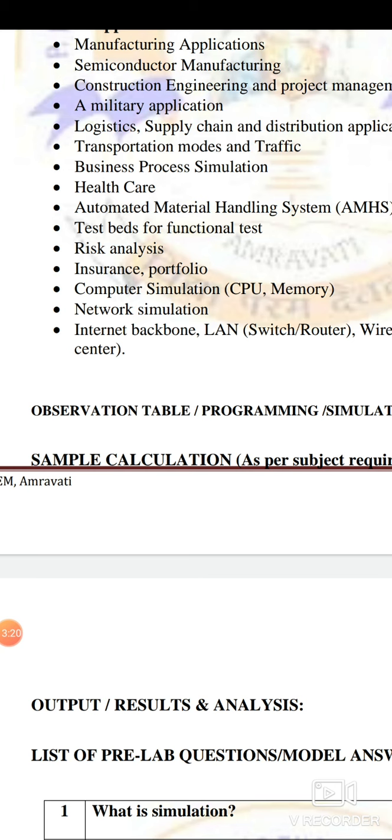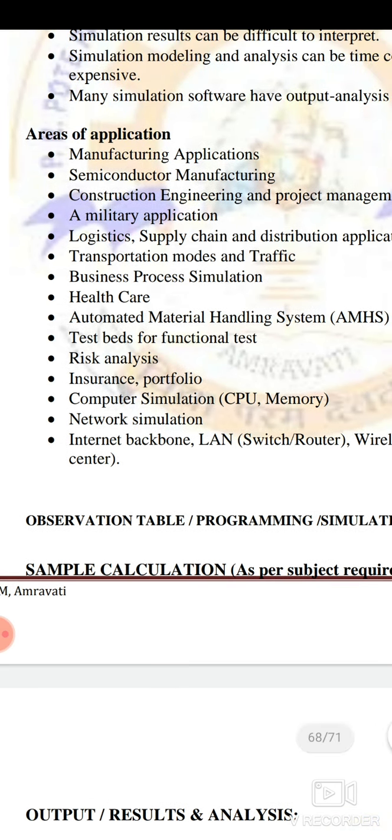Simulation has many applications, like internet backbone network simulation, insurance portfolio risk analysis, test beds for functional test, automated material handling systems, healthcare, etc. All these are areas where you can apply simulation. So simulation is very important.